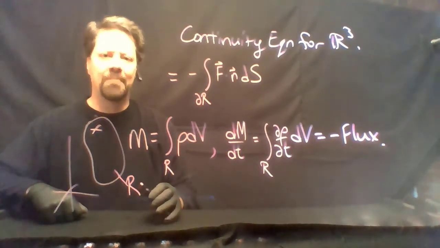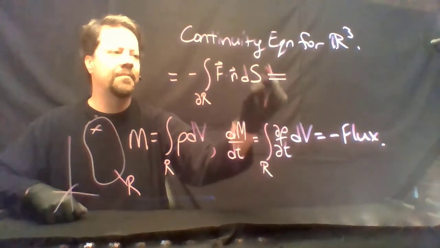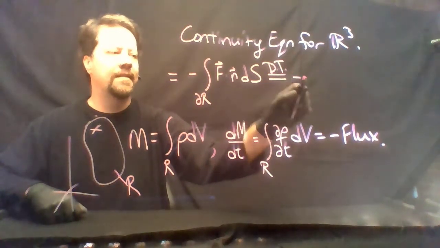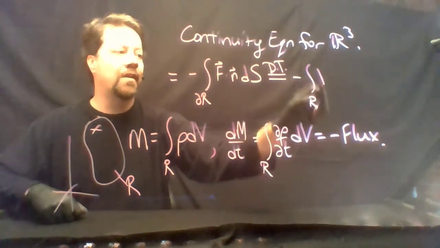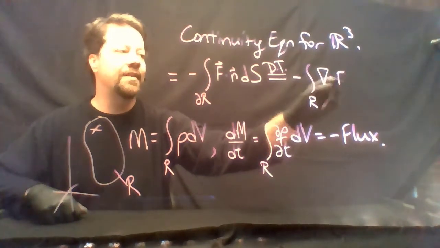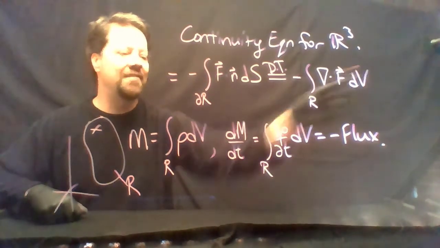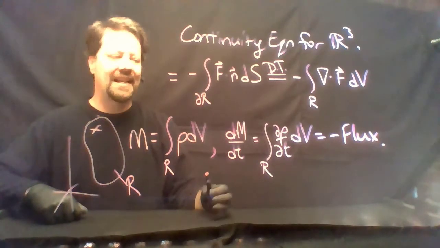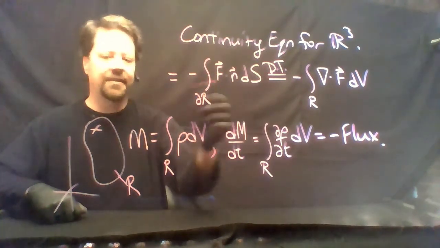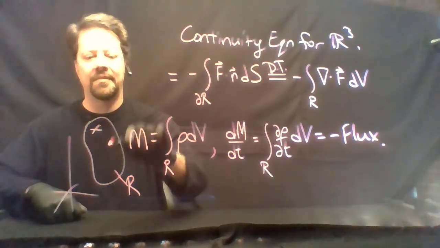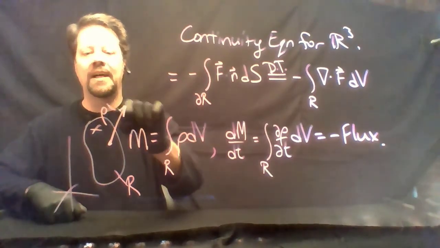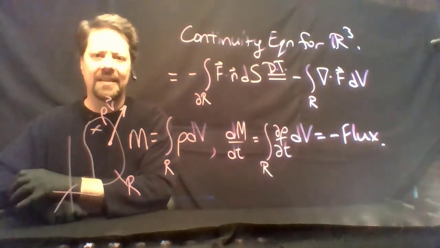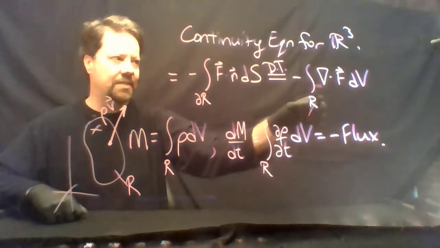However, by the divergence theorem, this will be minus the integral over r of the divergence of f dv. The vector field f in this case is rho times v, for the exact same reason as we discussed before.